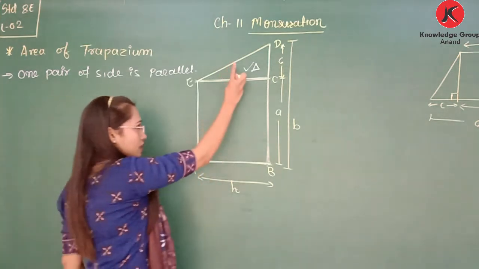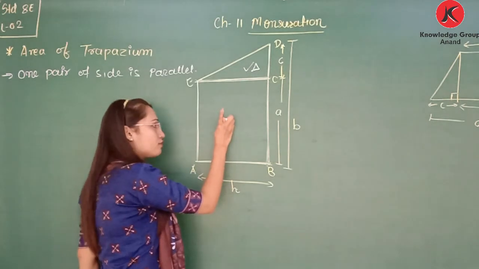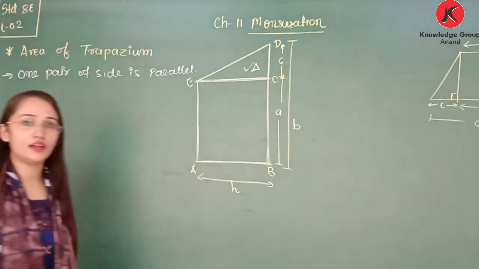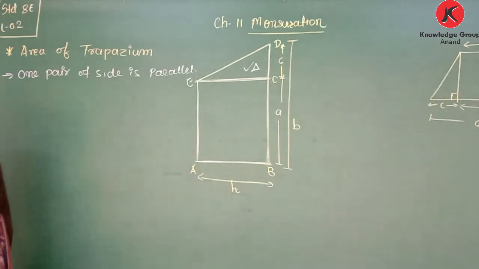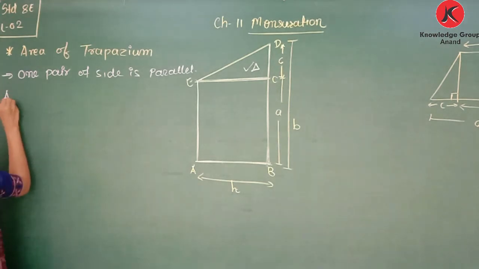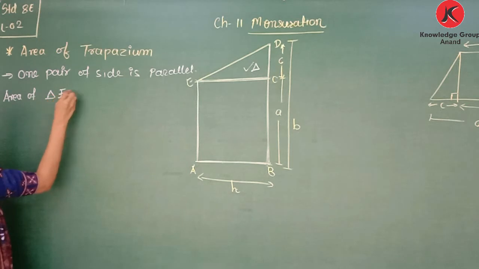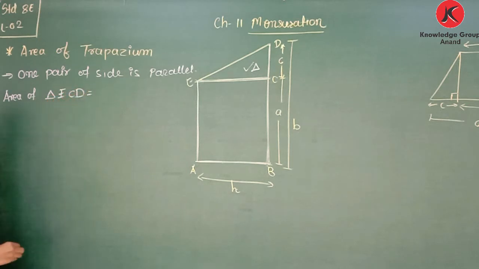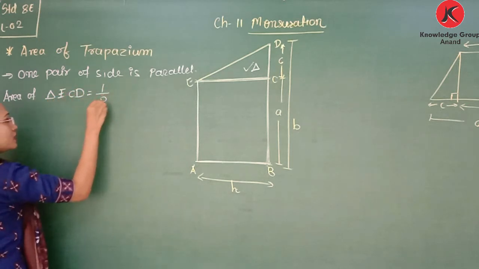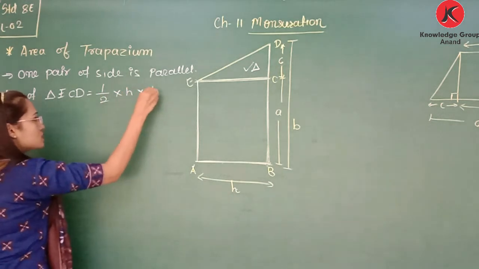Now we will find the area of this triangle and the area of this rectangle, and then add them to find the area of the trapezium. First, the area of triangle ECD. What is the area of a triangle? It is 1/2 height multiplied by base.